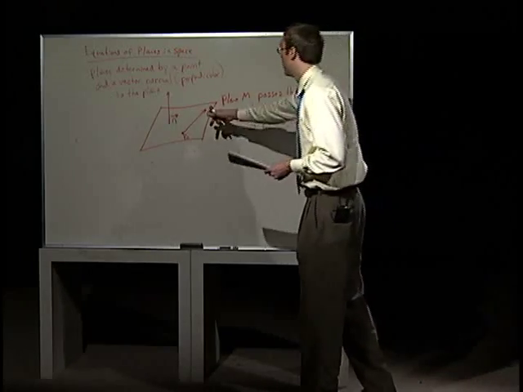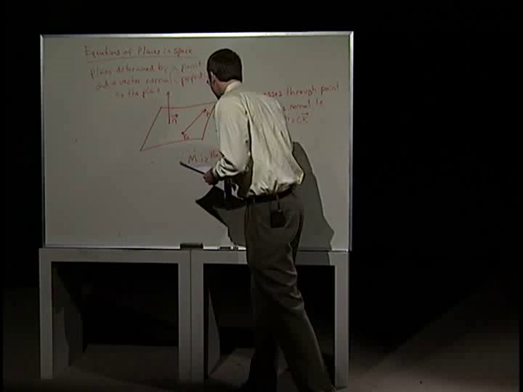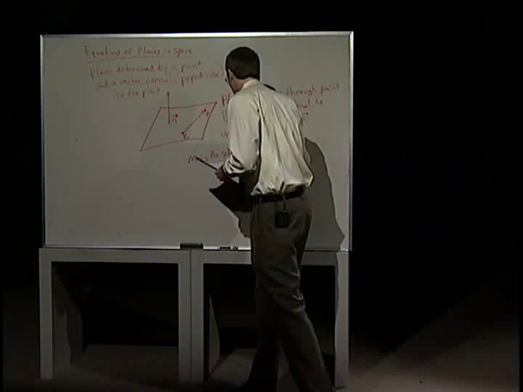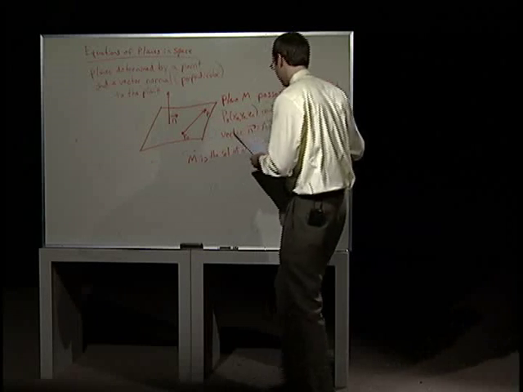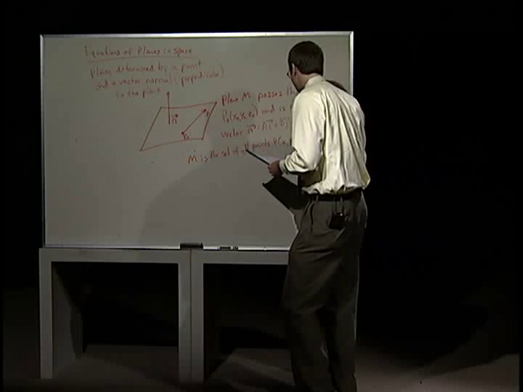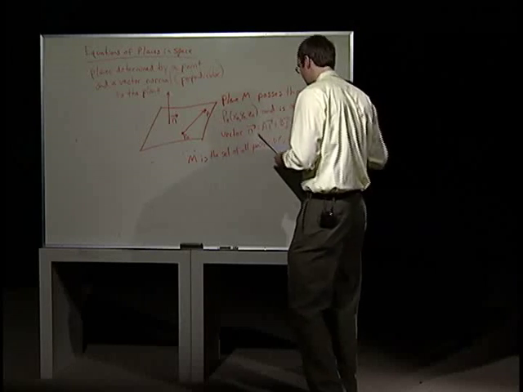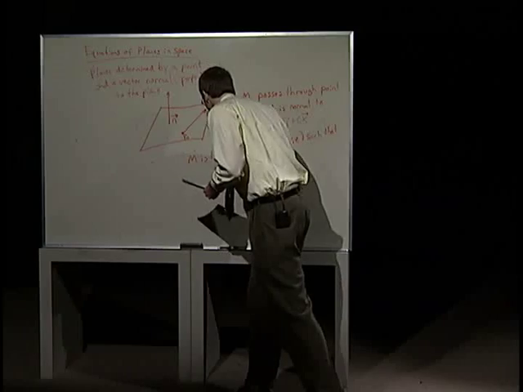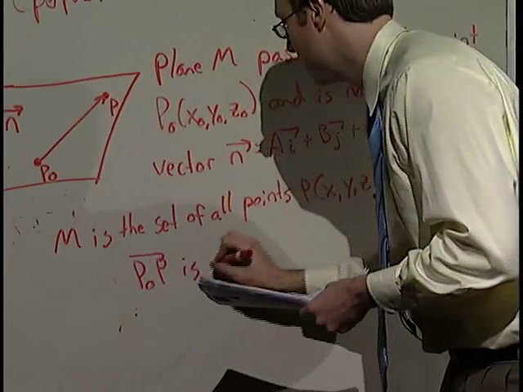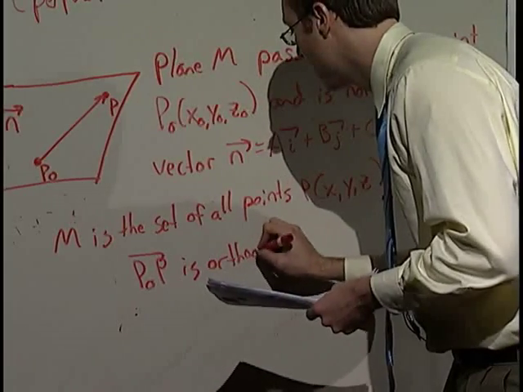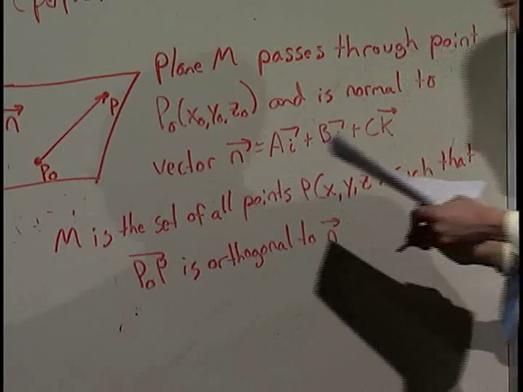And so then, what are these points P? Well, or what is M in terms of equations? M is the set of all points P, x, y, z, such that P naught P, that vector from P naught to P, is orthogonal to n, right?